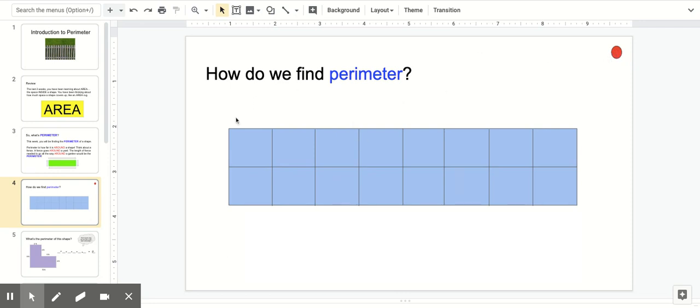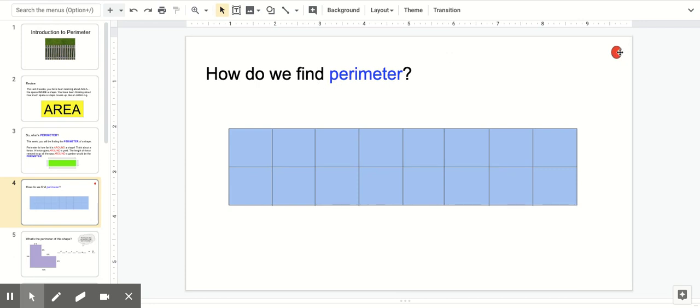So I'm not going to be counting the squares, I'm going to be counting the edges. If this were a yard, our squares would be patches of grass that lay out flat and take up space, but the edges would be maybe sections of fence that we would need to go all the way around it. So we're going to be counting these sections to find our perimeter.